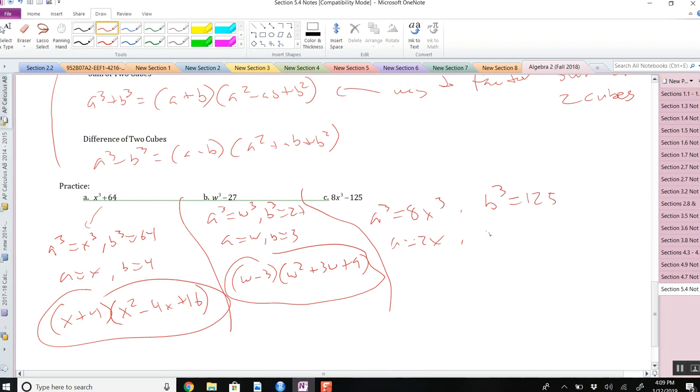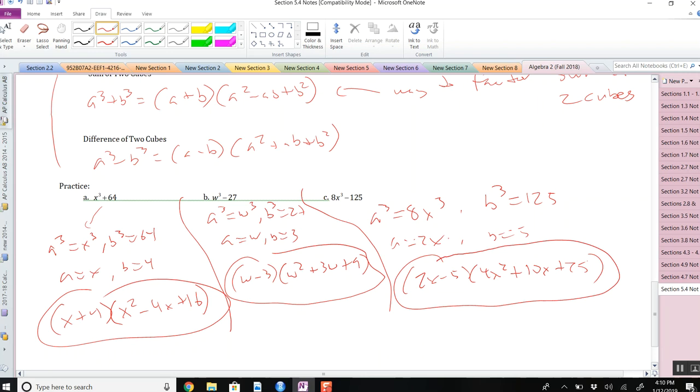The cube root of 125 is 5. You get 2x minus 5. And then if you plug in 2x into A, that's 4x squared plus 10x plus 25. And you can actually prove it by distributing the 2x and negative 5 into the 4x squared plus 10x plus 25 expression to see if you do get 8x cubed minus 125, and we would.